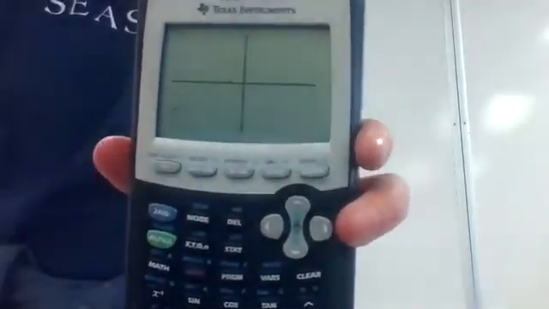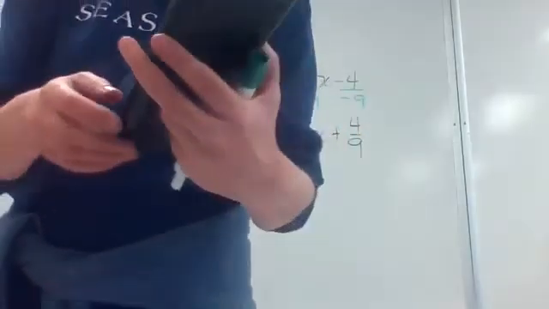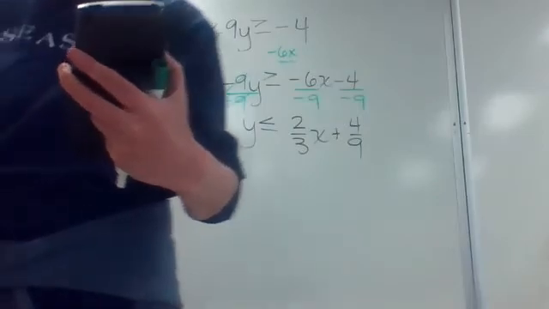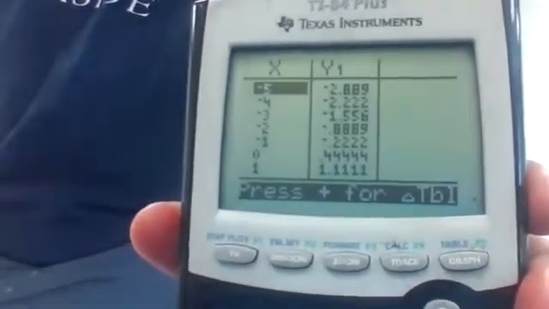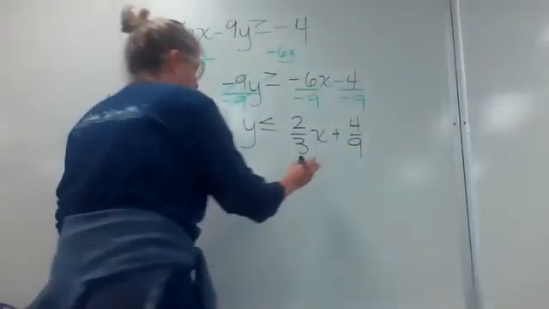And then graph it. So it is a line, which means I just need 2 points to see where this line is. When I go to the table, I got a lot of decimals in my y's. That's fine. You just need to get the shape of the line.